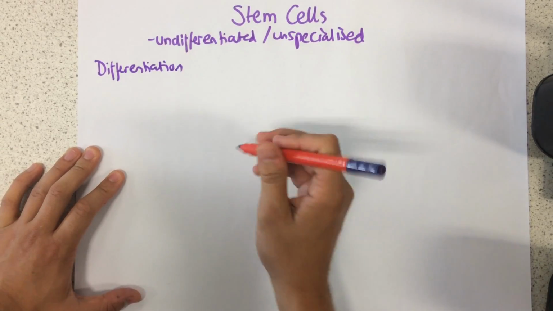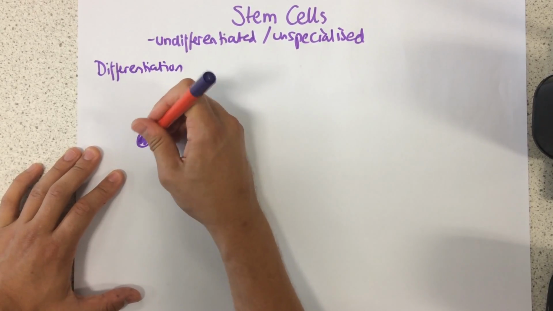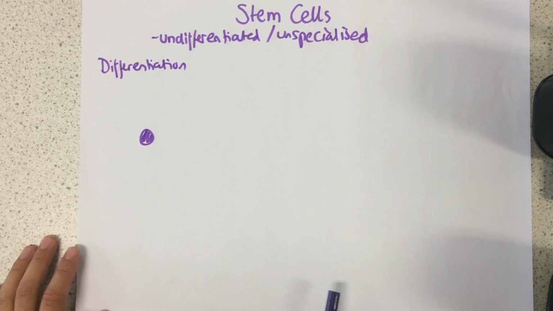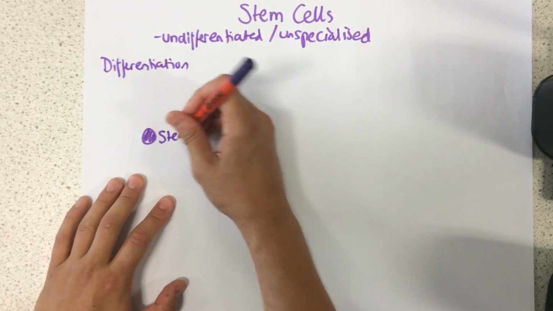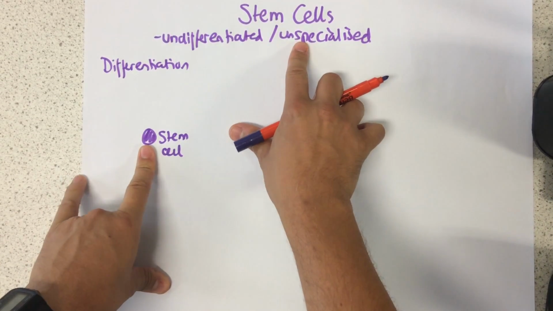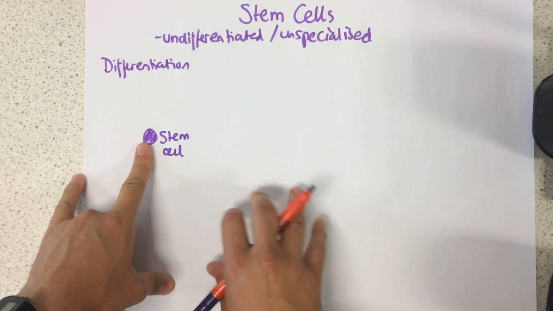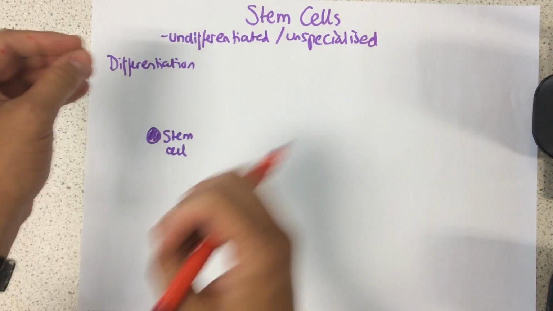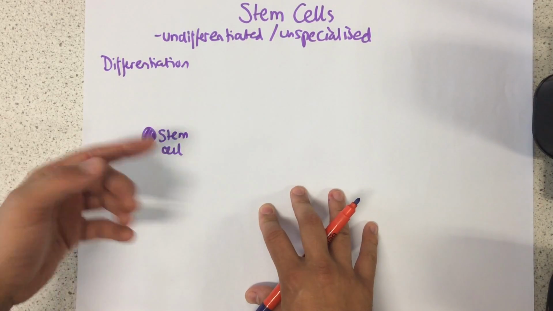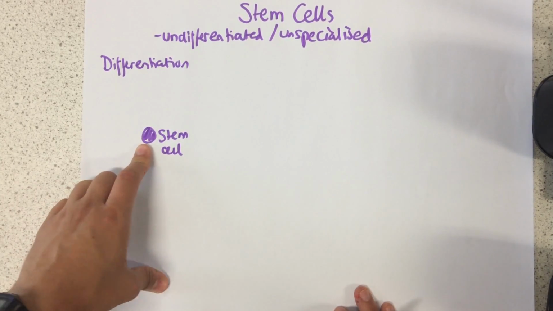So in our bodies, we have lots and lots of different types of specialized cell which could do different jobs. So a stem cell is a cell which is unspecialized, a cell which currently has no job. It can become different types of cells depending on what it's given instructions to do within the body.